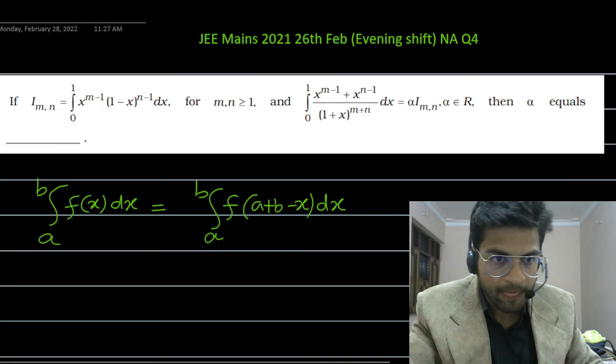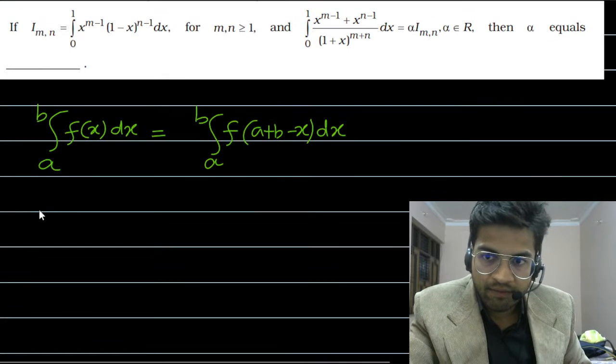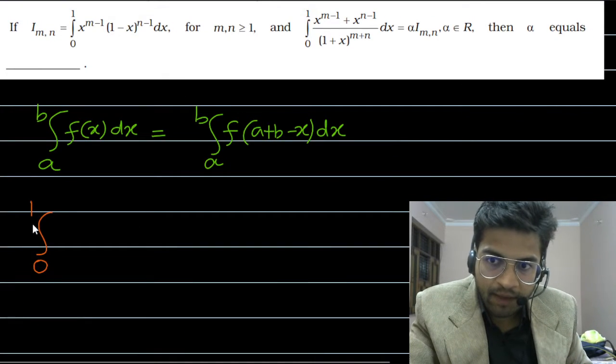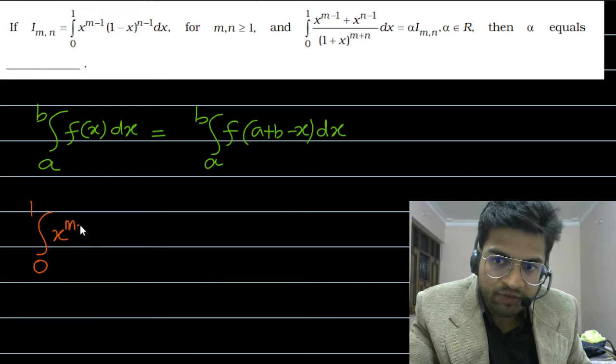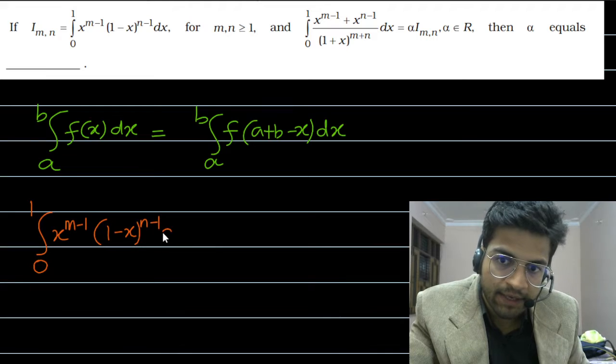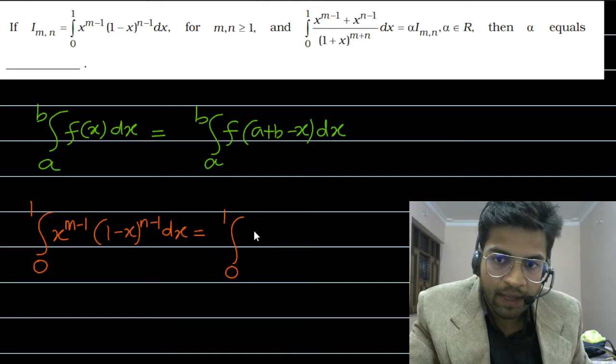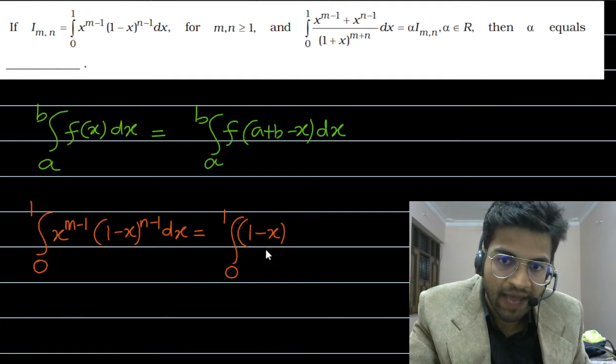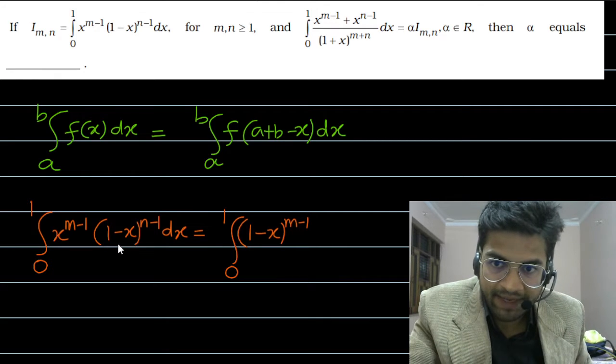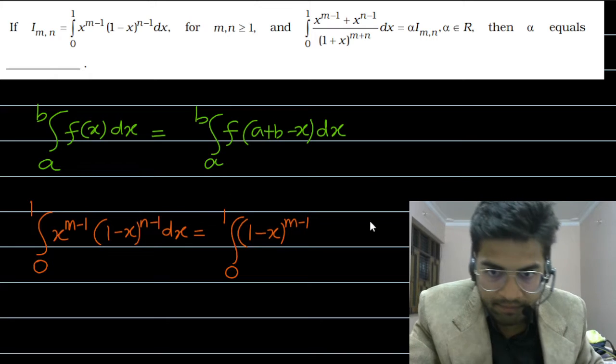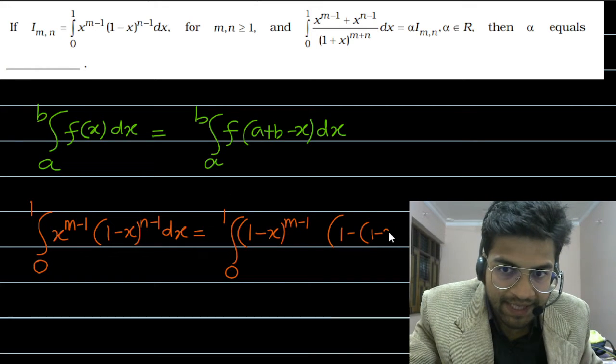as Imn, which is the integral from 0 to 1 of x to the power m minus 1 into (1 minus x) to the power n minus 1 dx, is equal to the integral from 0 to 1 of (1 minus x) to the power m minus 1, applying the same property, 1 minus x over here, 1 minus (1 minus x) to the power n minus 1 dx.